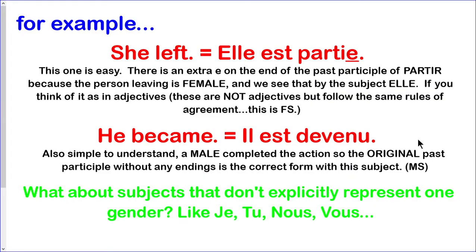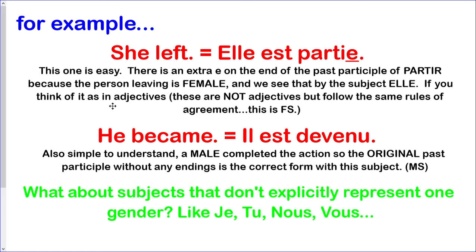So for example, she left. Elle est partie. This one is easy. This is an example of a feminine singular sentence. There is an extra E on the end of the past participle of partir because the person leaving is female. And we see that by the subject elle. I saw that it's she left, so I know that that is going to be a feminine singular sentence.